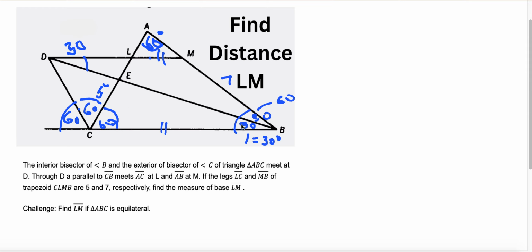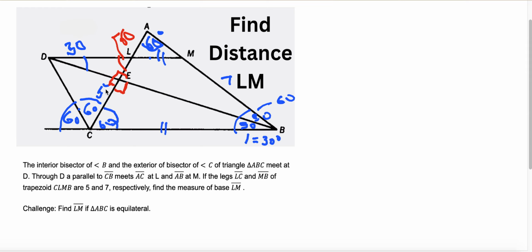But on the other hand, here I have 30, 60, so here has to be 90 degrees, a right angle, because 30 plus 30 is 60, plus 90 is 180. If this is 90 and this is 30, this is a 60 degree.